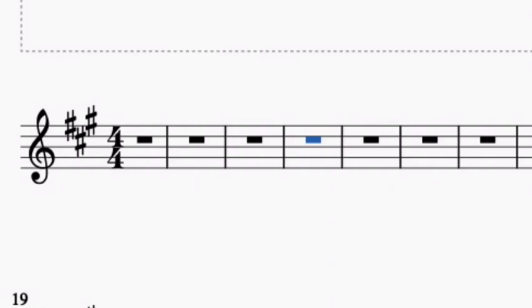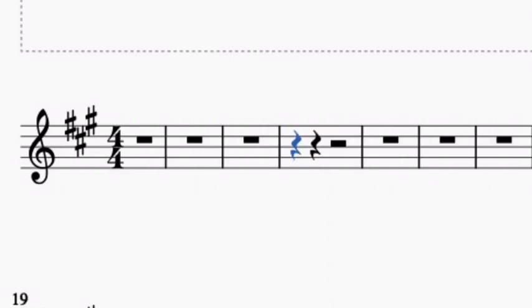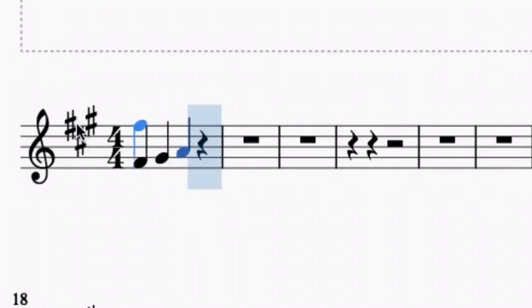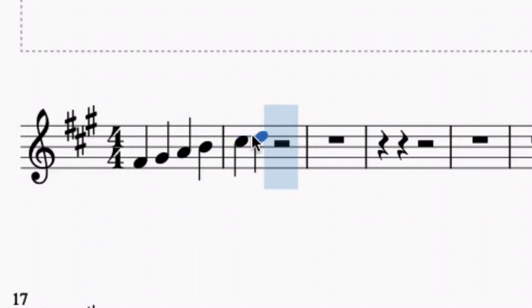And of course we start on F sharp. And since the key signature is written right there, we don't have to worry about writing in accidentals because it does it automatically.